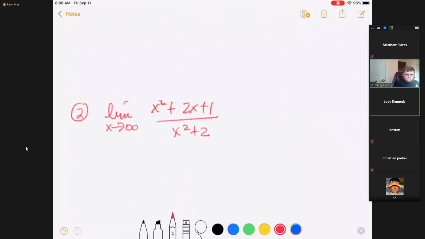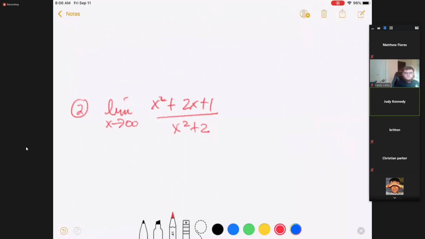If I take, okay, this is another example. So I've got a second-degree polynomial over a second-degree polynomial. And this is really a form of a limit. The limit as x approaches infinity of just the numerator, well, that's infinity.